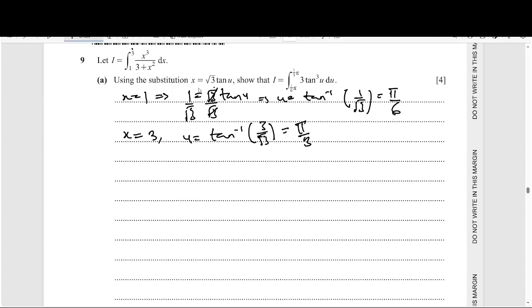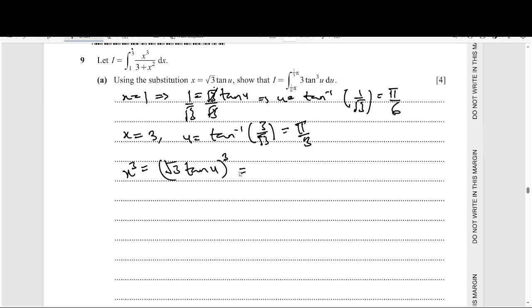Since x has been given to us as root 3 times tan u, we're going to find what x cube will be. So x cube is going to be root of 3 times tan u, all exponent 3.